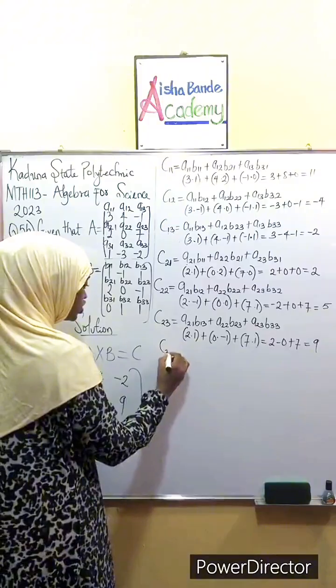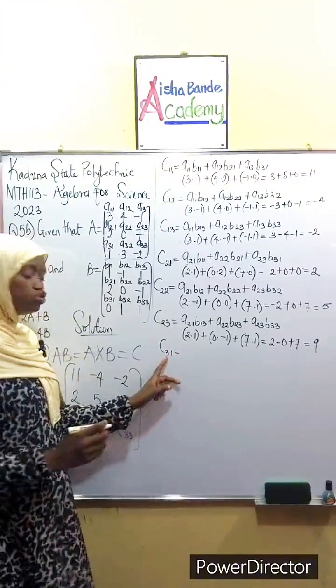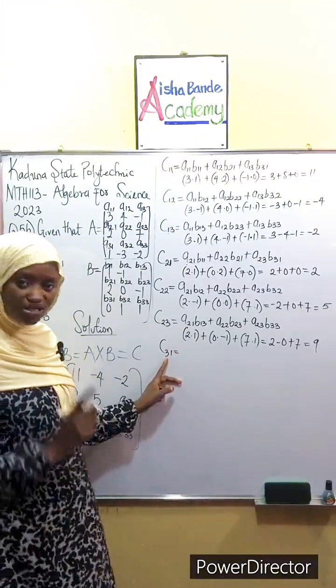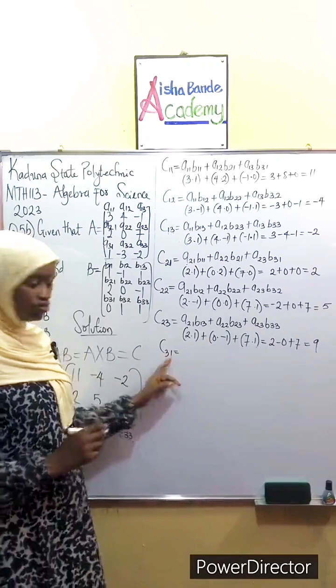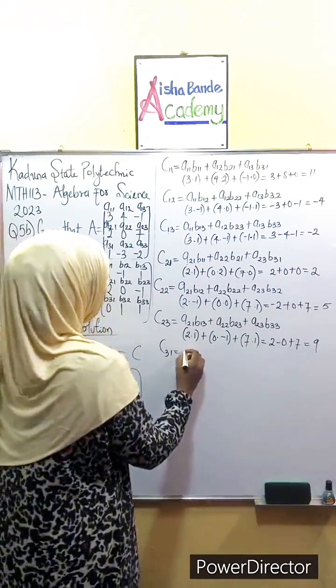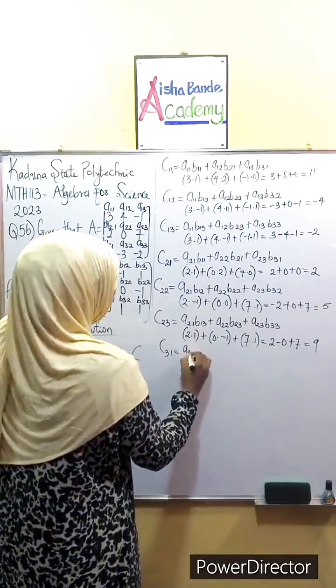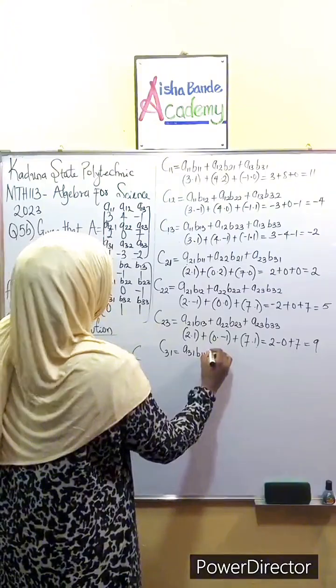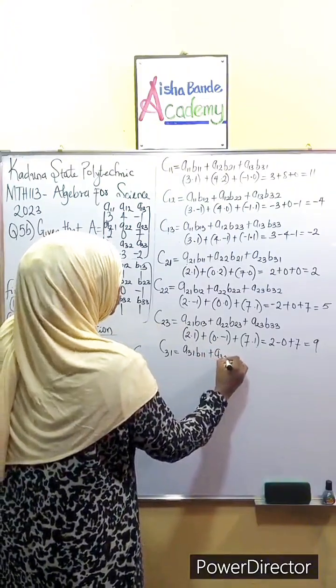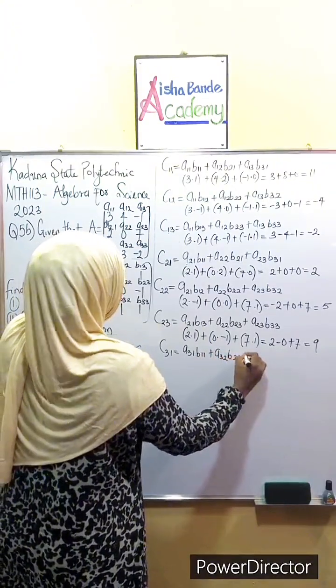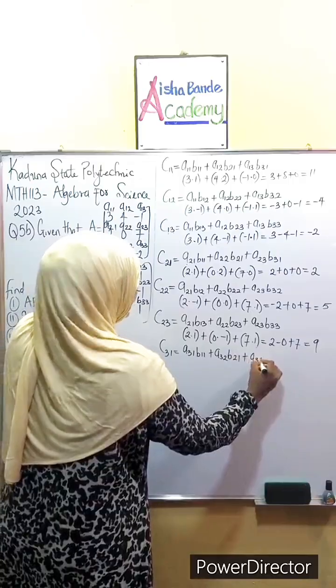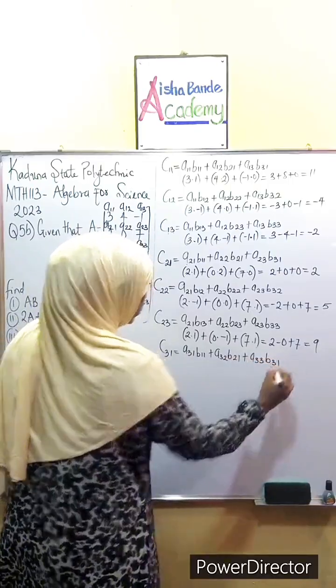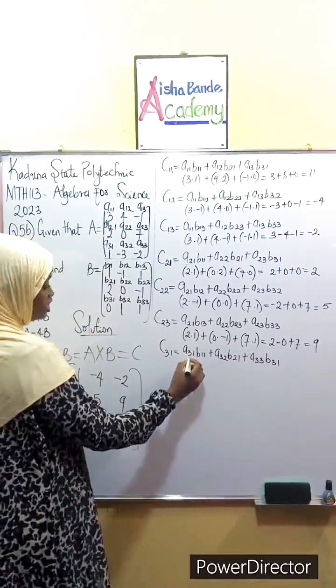So we have C31. So this means third row on matrix A, first column on matrix B. So this is going to be A31 B11 plus A32 B21 plus A33 B31. So let's substitute in A31.